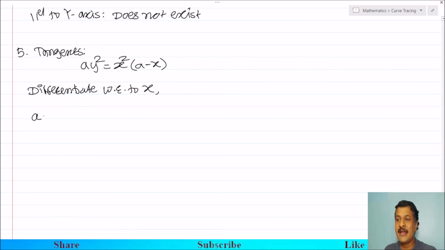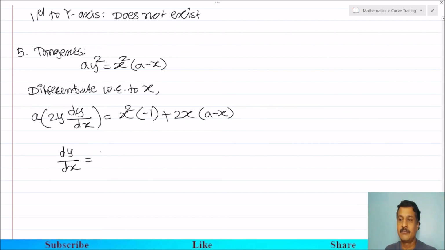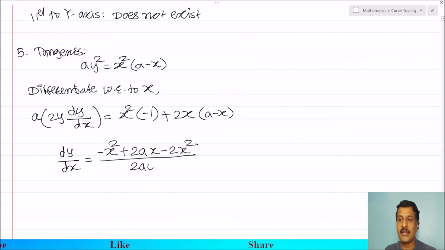So I am getting here a constant, the derivative of y square is 2y dy by dx, equal to x square constant, the derivative of (a minus x) is minus 1, plus the derivative of x square is 2x and (a minus x) is constant, and that is why I am getting dy by dx equal to minus x square plus 2ax minus 2x square upon 2ay. Simplify this. So I am getting dy by dx equal to (minus 3x square plus 2ax) upon 2ay.